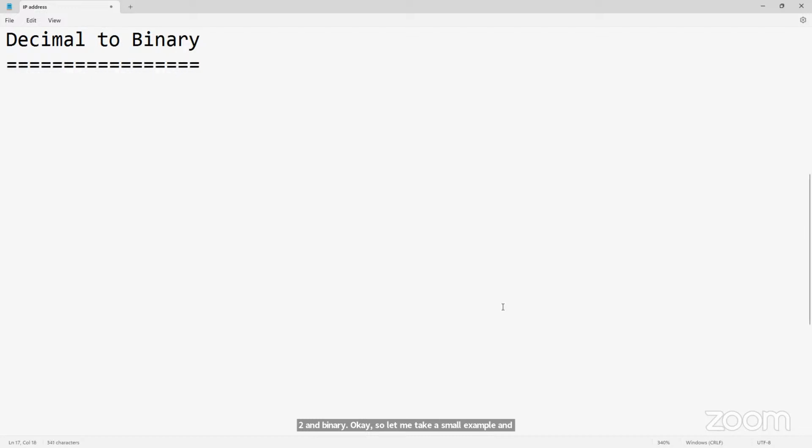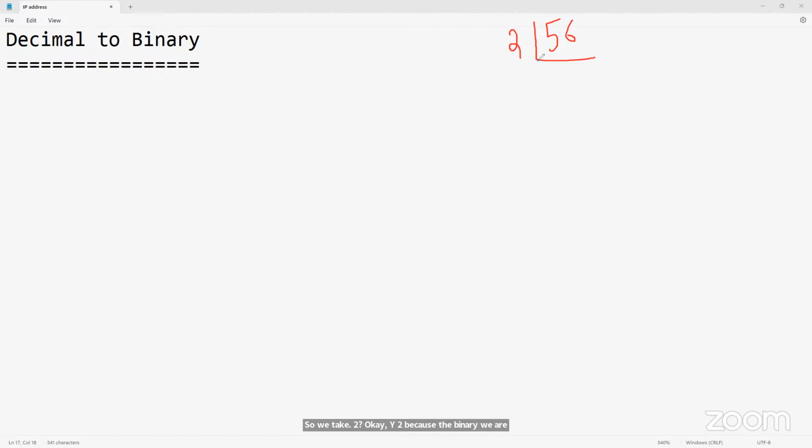It's very simple, nothing complex. So let me take a number like 56. I hope everyone knows here LCM, least common multiple. How do we do that? So we take 2. Okay, why 2? Because we are converting to binary.